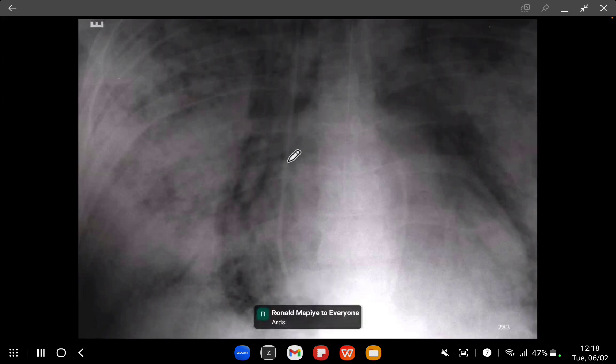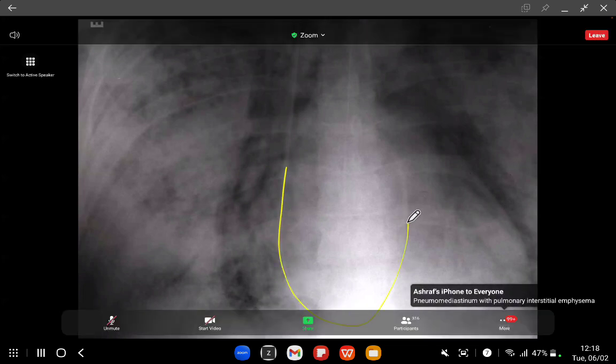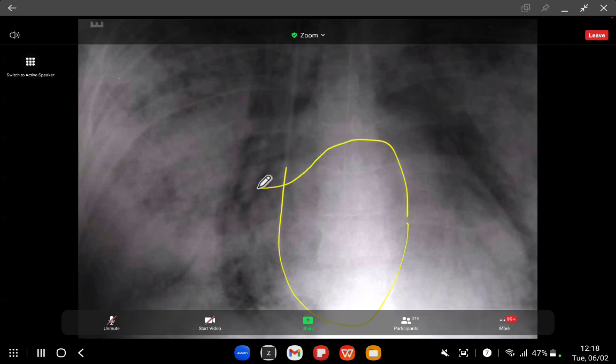Swan-Ganz catheter is really designed to measure the pulmonary artery pressure and the pulmonary capillary wedge pressure. So what you used to do was float this into the pulmonary artery, and we would then take the pulmonary artery pressure readings. But that is really a historical thing.